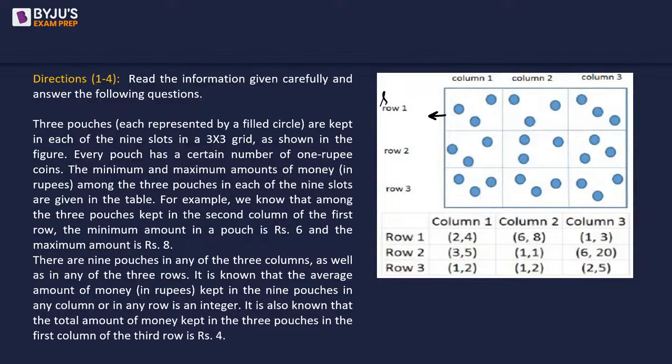Okay. So having understood that part, if the average is going to be an integer, can we say the sum of amounts in these 9 pouches in the first row is going to be a multiple of 9?